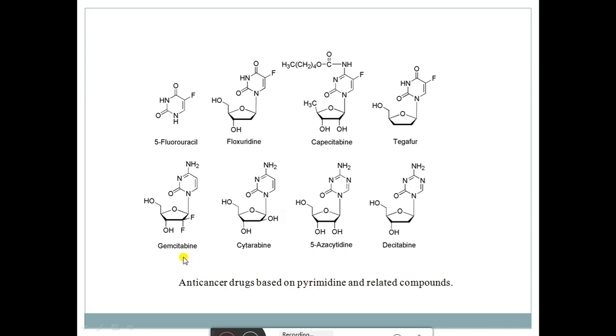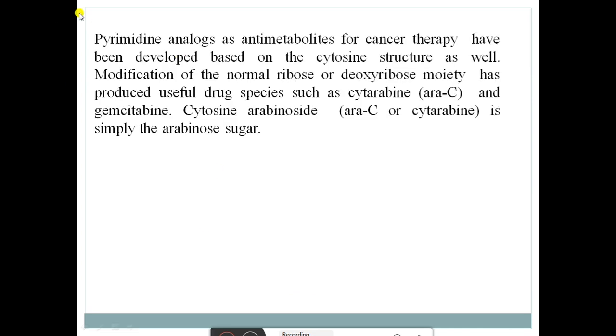So next, these pyrimidine analogs act as antimetabolites for cancer therapy. They have been developed based on the cytosine structure as well. The modification of normal ribose to another sugar moiety has produced useful drug species such as cytarabine, that is Ara-C, and gemcitabine.